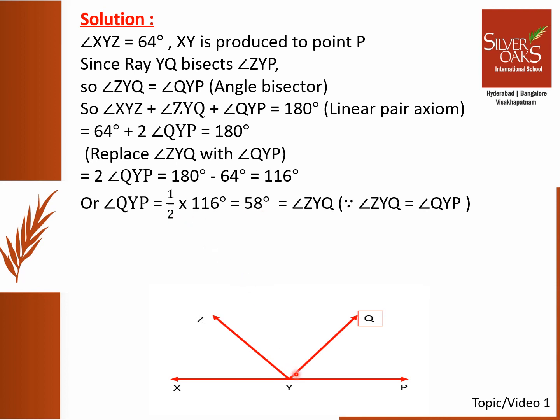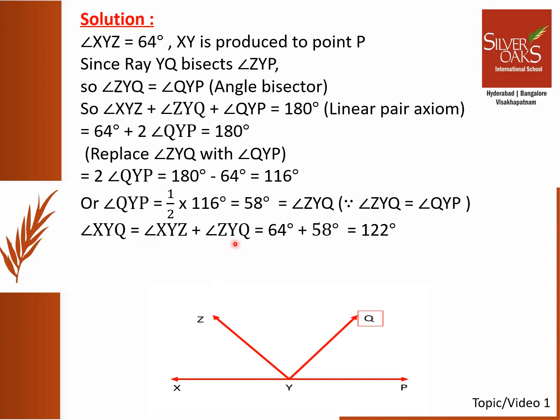QYP is 58 degrees and also ZYQ is 58 degrees. You got these two angles, right? Now you have to find out angle XYQ. You know this angle. You know this angle. How will you find out this angle? You have been given this angle, 64 degrees.